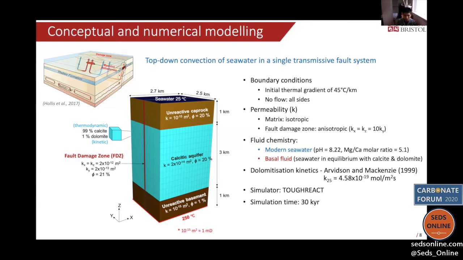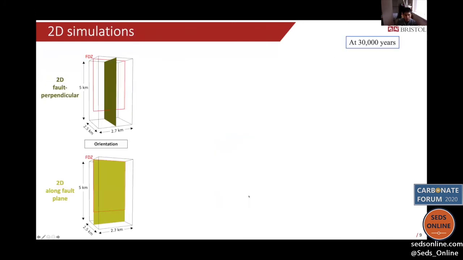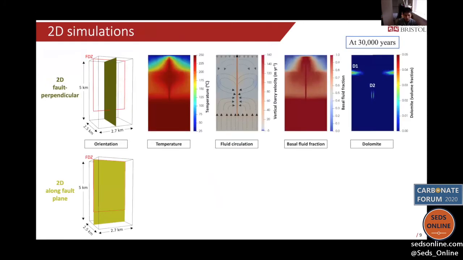The simulations, both in 2D and 3D, were conducted using Tablet. So now let's take a look at the result. The 2D simulation perpendicular to the fault shows that the FDZ acts as a conduit for advective discharge of hot fluid from the basement.